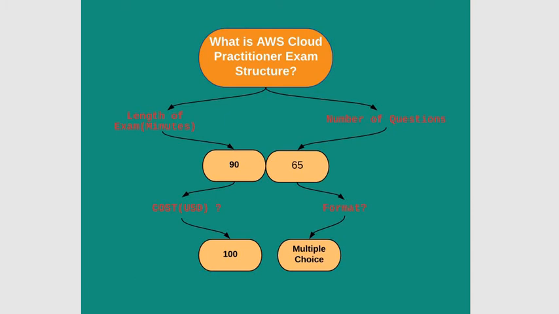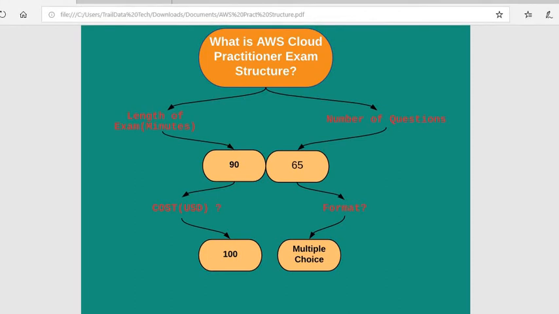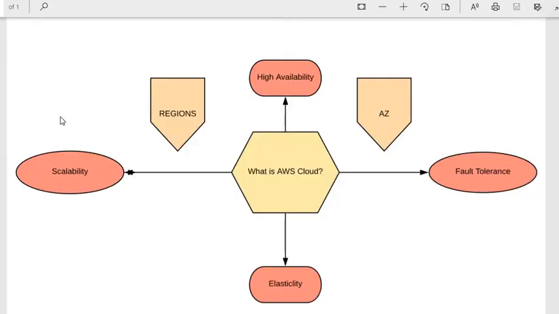And coming on to the basics of AWS Cloud, as you can see, the pillars or the core features offered by AWS Cloud and the core highlights, as you can see over here: scalability, high availability, fault tolerance, elasticity.